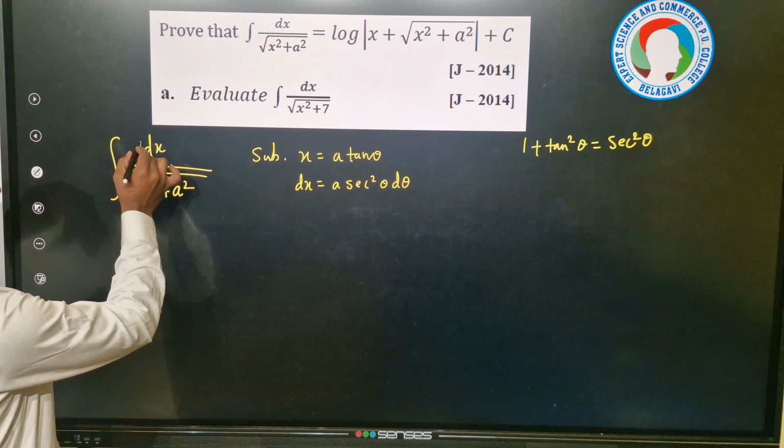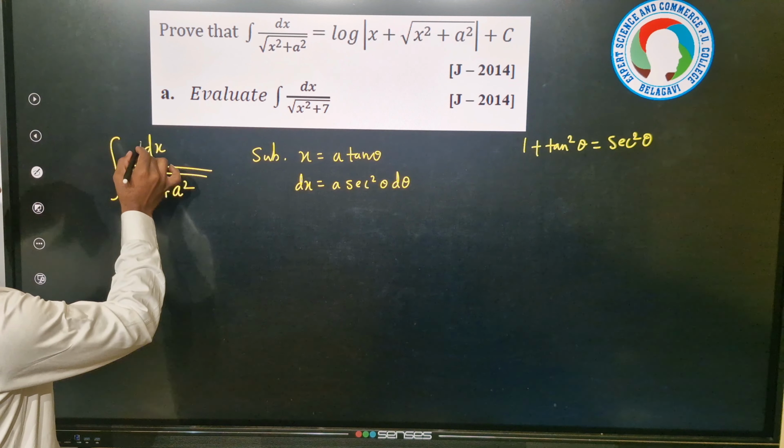So we are changing the x value, then changing the dx value as a sec square theta d theta. Here a square is common, take it outside, and square root of a square into 1 plus tan square will be remaining. So the next step is a sec square theta d theta divided by square root of a square, which becomes a, then the remaining 1 plus tan square theta.